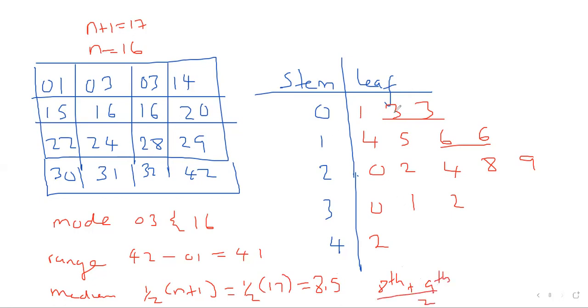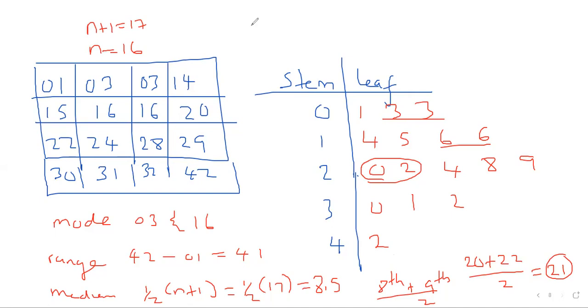So let's count 1, 2, 3, 4, 5, 6, 7, 8, 9. So which numbers are these? 20 and what? 22. Divided by 2. So meaning our median is what? 21. All right.